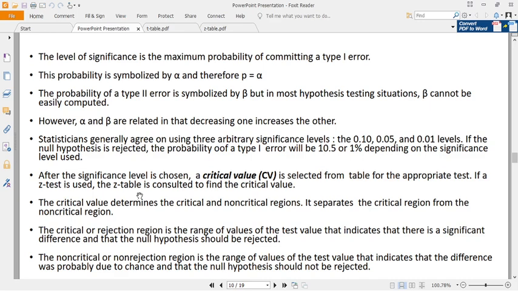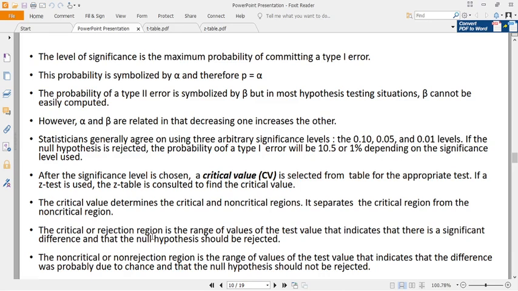After we choose a significance level, a critical value is selected from the table for the appropriate test. For the mean, we always use a z-test, and this table is consulted to find the critical value, which separates the critical region from the non-critical region.